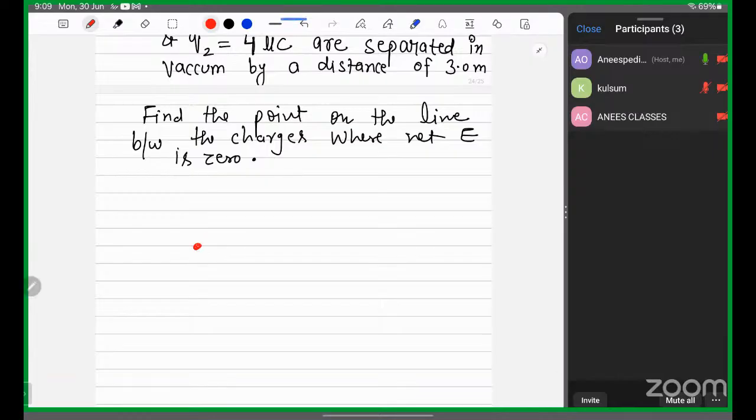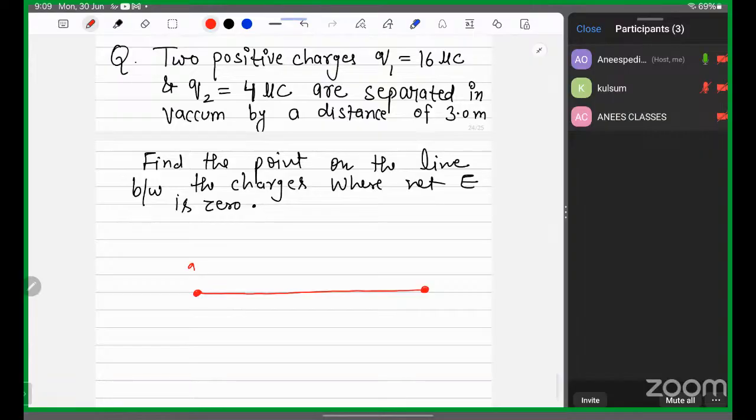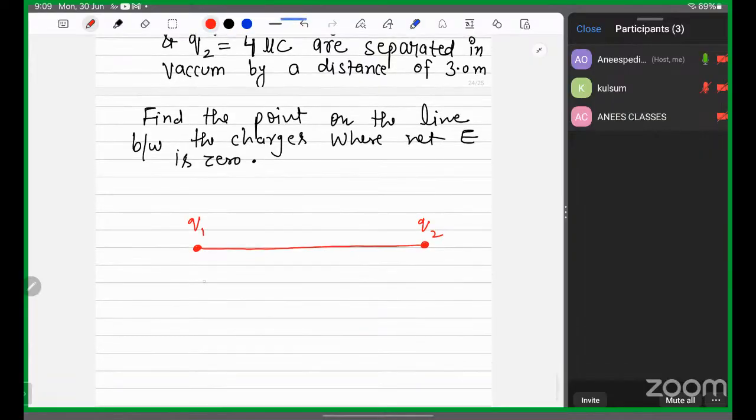Let's say this is the line joining the two given charges Q1 and Q2. Separation between them is 3 meter.